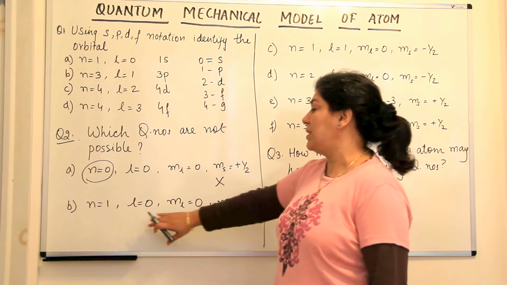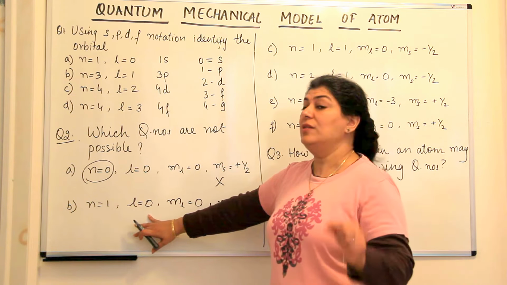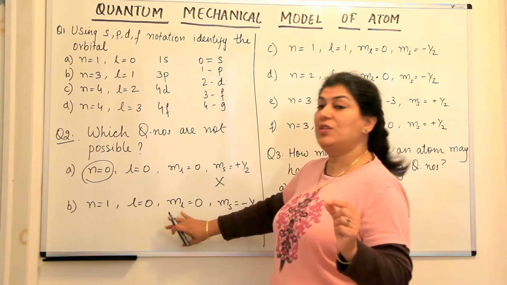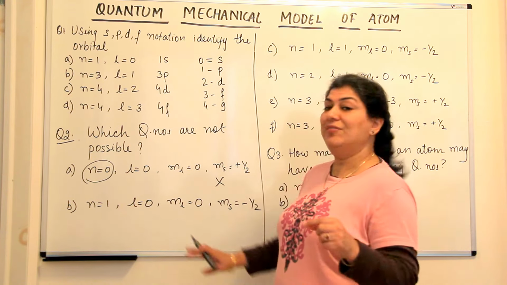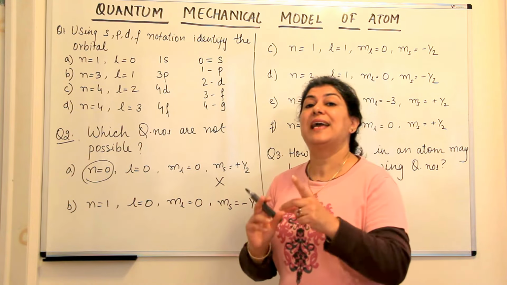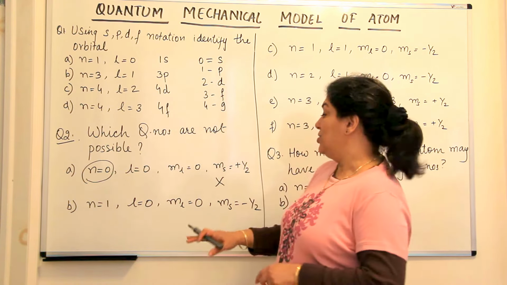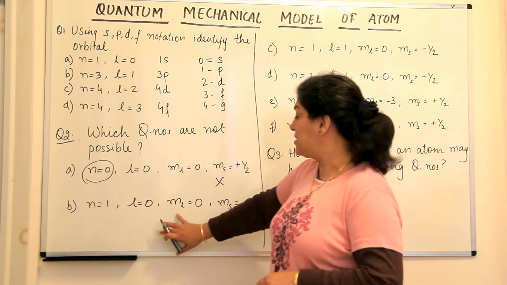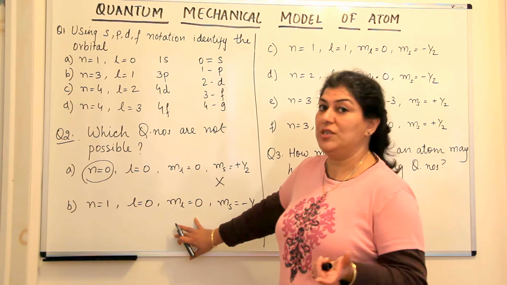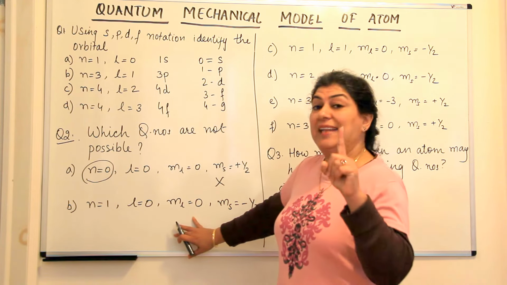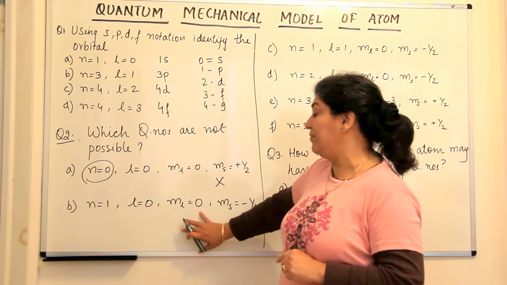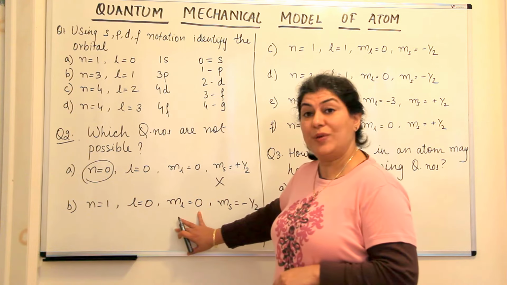So now we come to the subshell, 0 exists, and for the value of L, what are the values of ML? The values of ML are plus minus L plus 1. So since L is 0, plus minus L would also be 0 or would be non-existent, and the plus 1 is actually the value 0. Therefore this also exists.